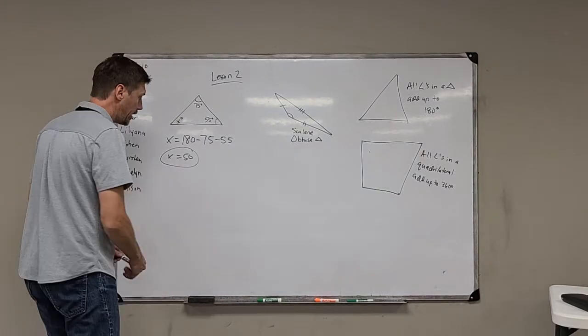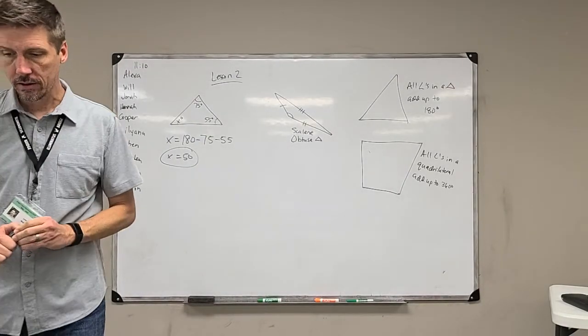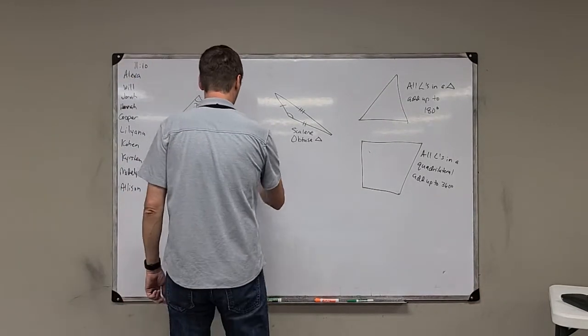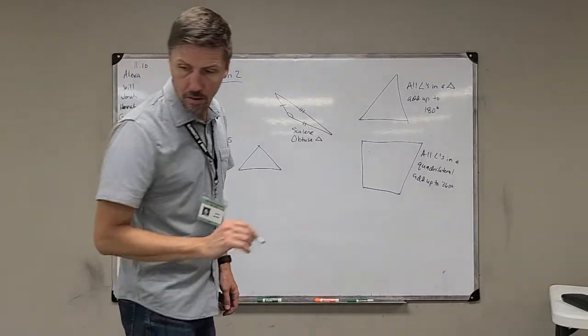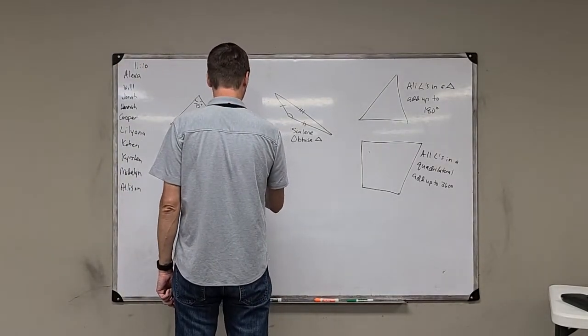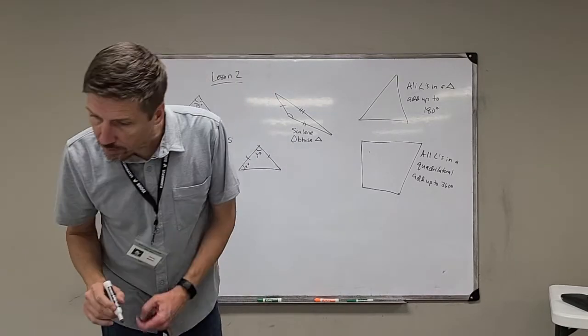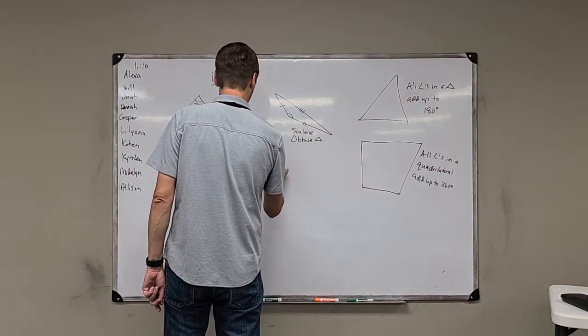This one's kind of tricky. For this one, they said that this and this, and we want to find y, we want to find x, and they tell us that this other angle here is 50 degrees.